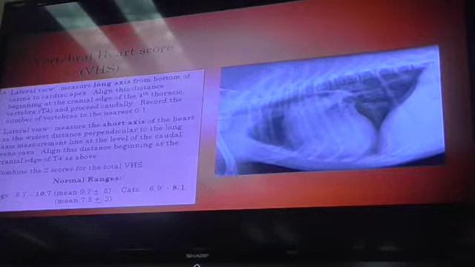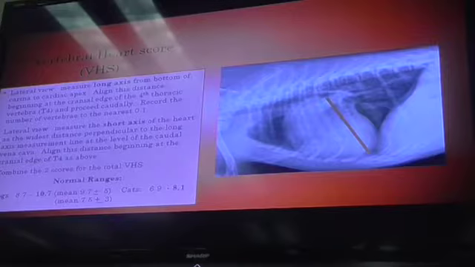So following this in steps, we're going to start with the long axis, which is measured from the carina. So you're going to start just ventral to the carina and measure down to the apex of the heart. Okay, see my line there?